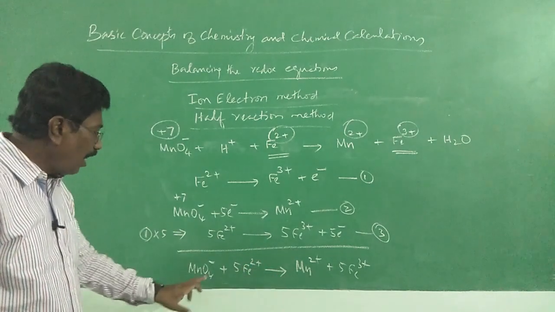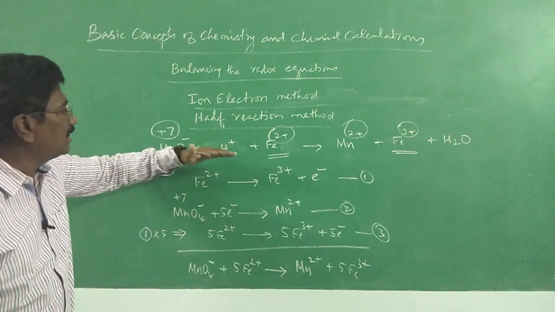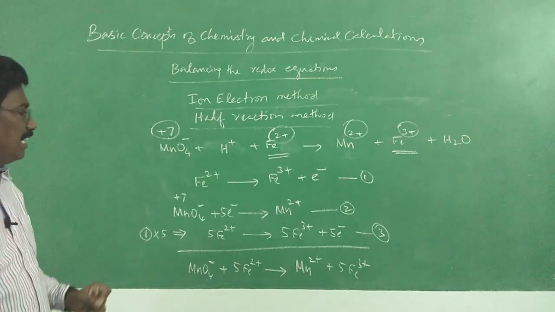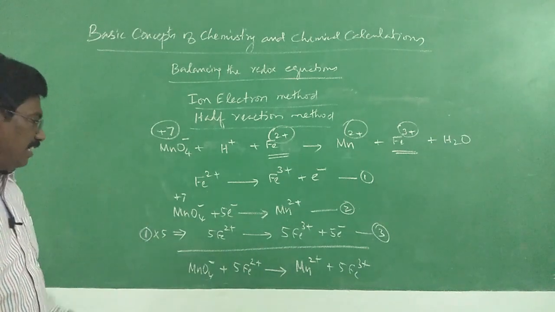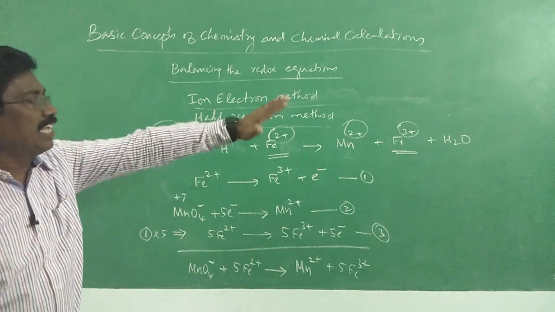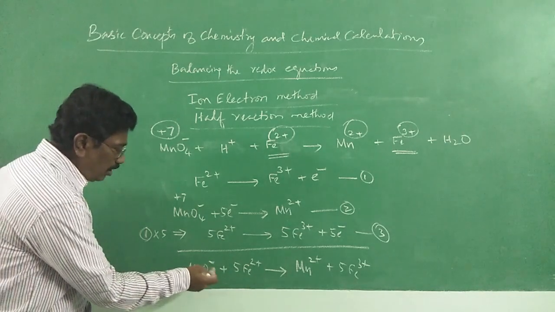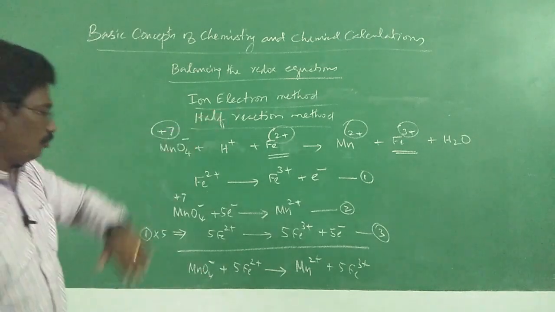Why? Oxygen is remaining. And in the given reaction, H plus on the reactant side is remaining. So, the necessary number of hydrogen ions has to be added on the reactant side, and that many water molecules have to be added on the product side, that's all. Here we have four oxygen atoms, and therefore we need 4 H2O.